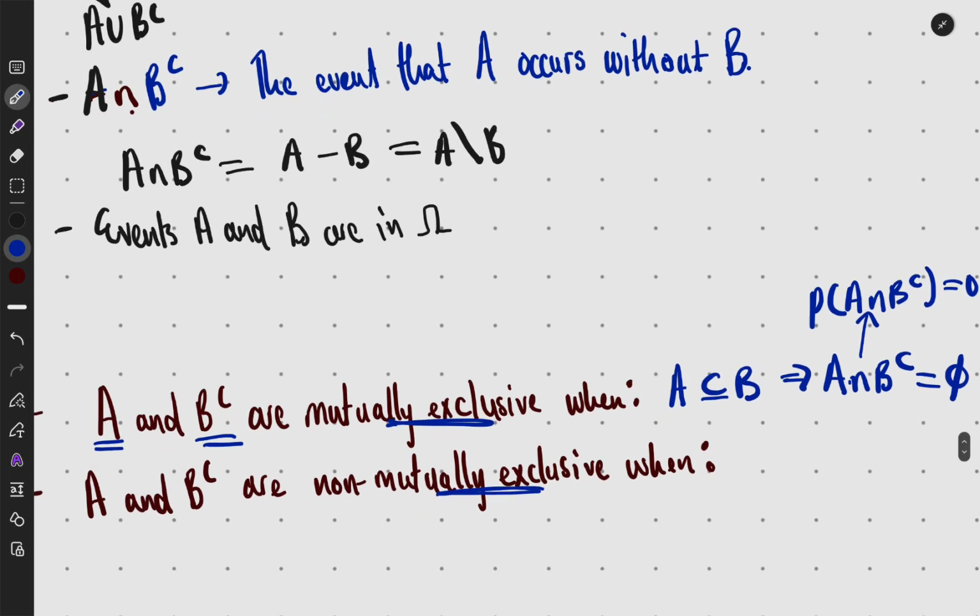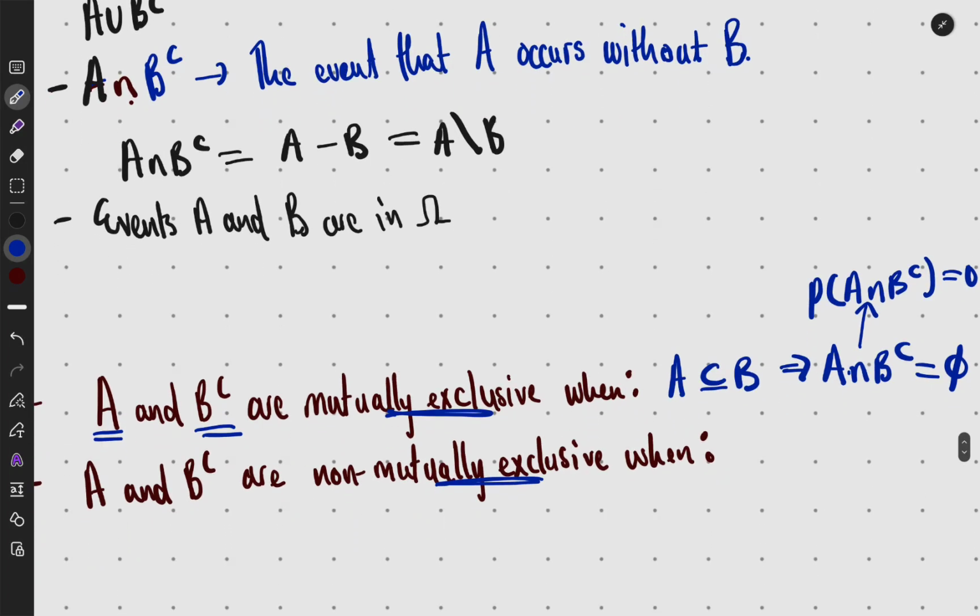We know that. Now, what about if they are not mutually exclusive, A and things that are not in B? We want things that are in A, but not in B. You're going to have something like that if A and B are not subsets. If A is not a subset of B, that means there are things which are in A which may not be in B. So when they are non-mutually exclusive, it means they can happen together.